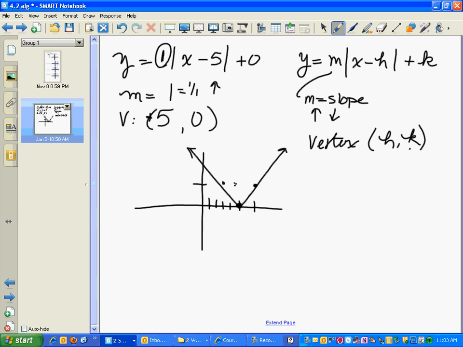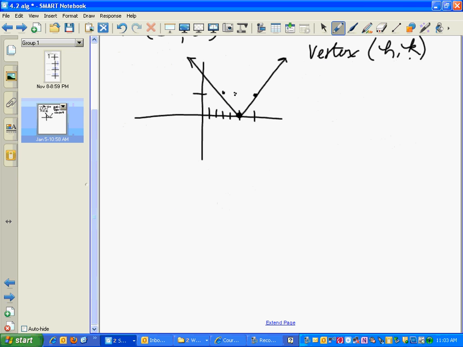Okay, what was the next problem? So plus 0. Would you all agree it's just plus 0 hanging out there? Okay. What is my slope? And as a fraction, we would say then it is really? And is it positive or negative? And so what direction should my absolute value V open? Okay. What is my vertex?